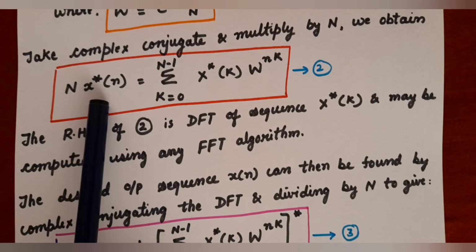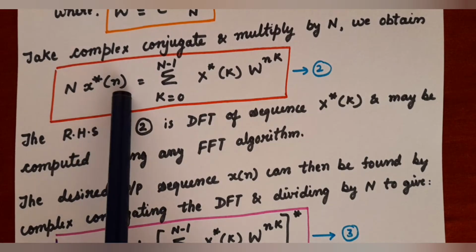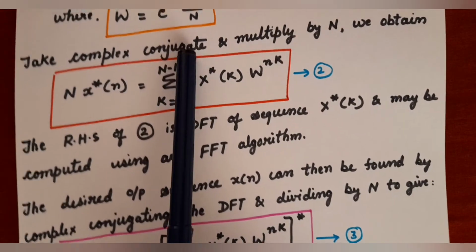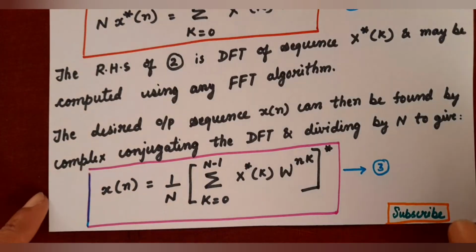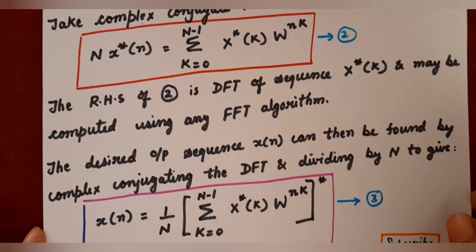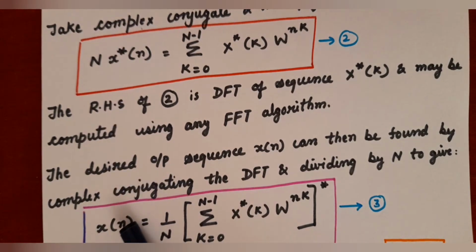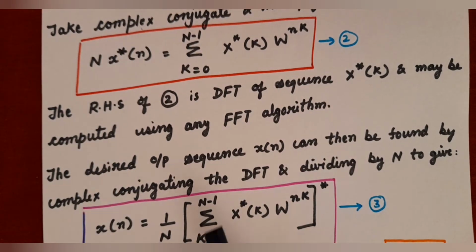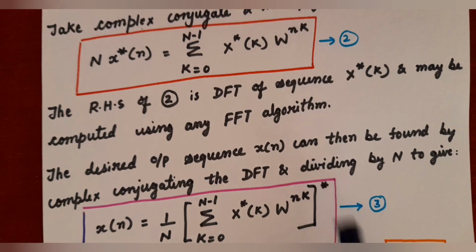Now, you want to get small x of n. What will you do? You have to take the complex conjugate on both the sides and divide by capital N. Yes or no? So, equation 2 now becomes, taking complex conjugate, x of n divided by capital N, and on the RHS side 1 by N summation k is equal to 0 to capital N minus 1 X star of k W to the power of nk, complex conjugate.